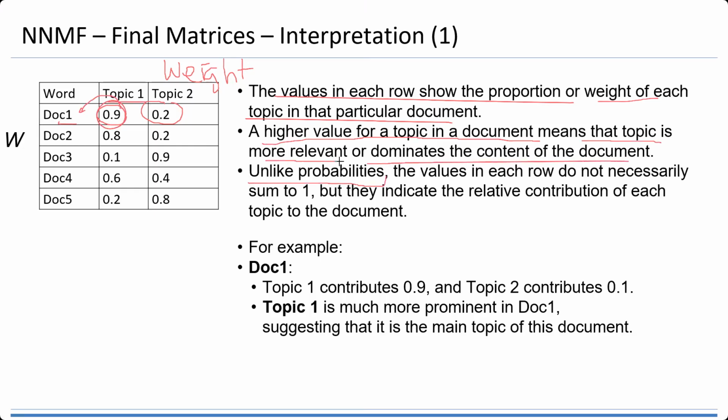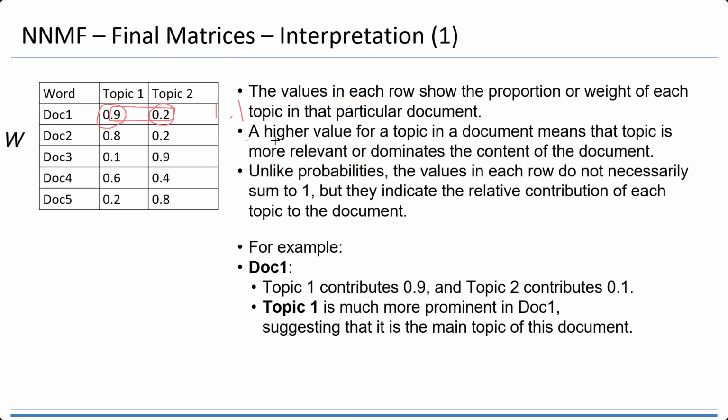Unlike probabilities, the values in each row do not necessarily sum to 1. So maybe you will see a sum of 1.1, and that is because this is not probability. This is only weight, and the weight can be more than 1.